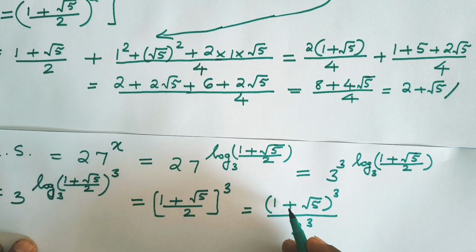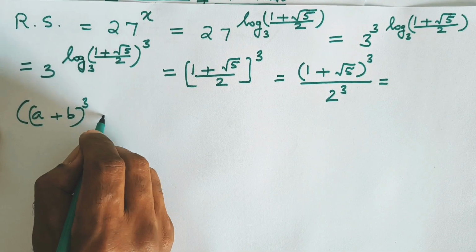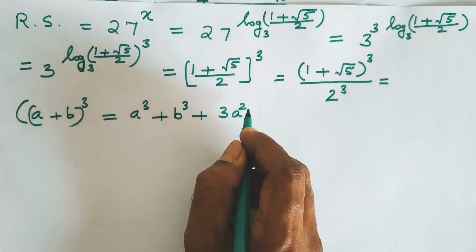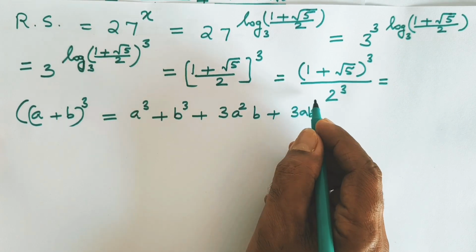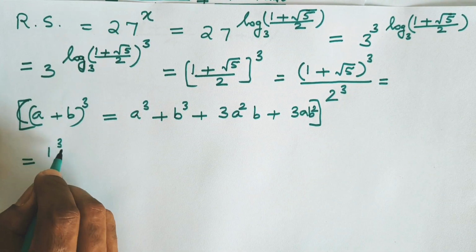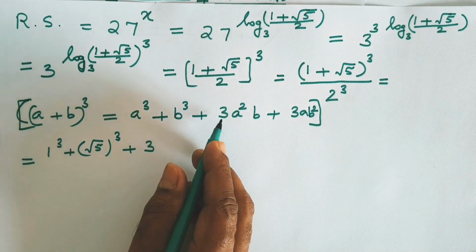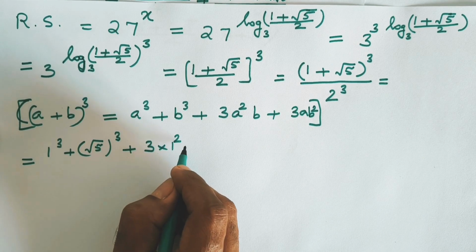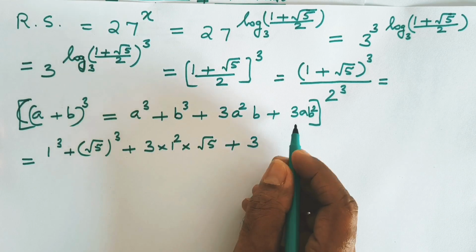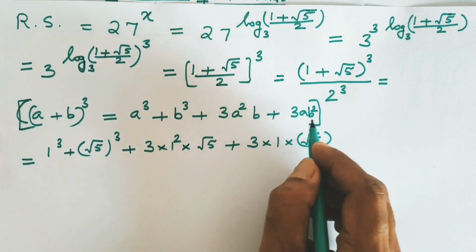Now we will use the idea of a plus b the whole cubed, which is a cubed plus b cubed plus 3a square b plus 3ab square. Using this in the numerator here, you will have 1 cubed plus root 5 the whole cubed plus 3a square, that is 1 square multiplied by b, b is root 5, plus the last term 3a, which is 1 multiplied by root 5 the whole square, that is b square.